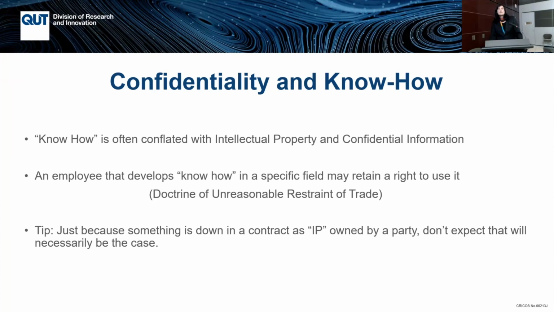If it is the case that a university or the hospital tries to get them to sign an IP assignment and says you can't use that know-how in the future, as it does in, say, the HTQ agreement, then the law will potentially kick in and make that requirement to restrain that individual employee or health practitioner invalid.